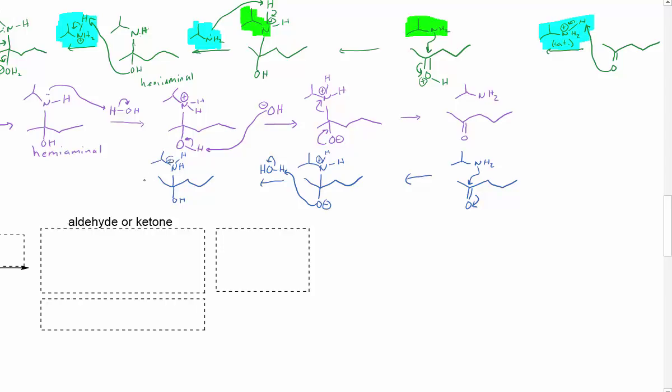And using the hydroxide, that is the conjugate base of the acid I just used, hydroxide can deprotonate the nitrogen. And that gets us to the neutral hemiaminal structure.